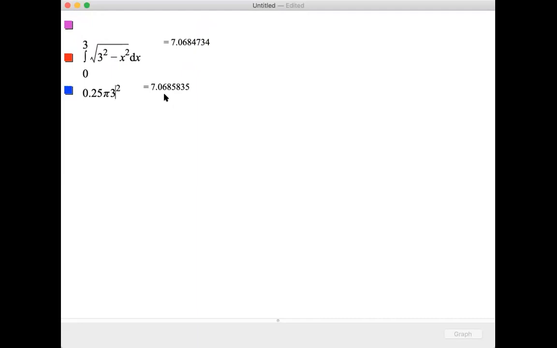Now you'll see this looks a little bit different. The reason has to do with approximations that GC uses, not to do with the method. GC doesn't actually know how to find antiderivatives. What it's doing is literally finding an approximation by adding up not infinitely many, but a large number of different integrals.